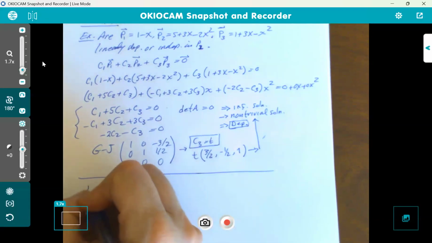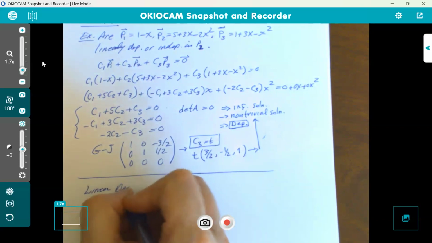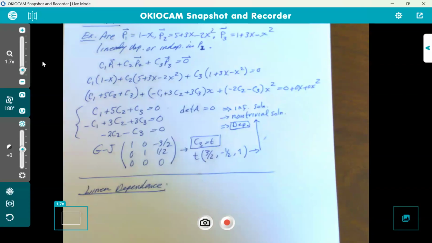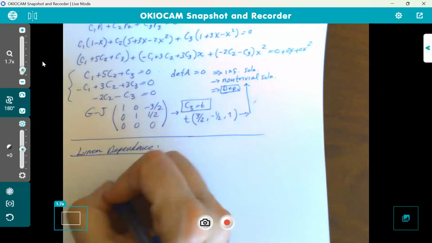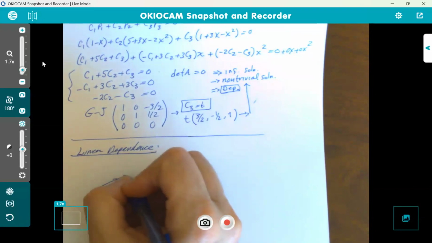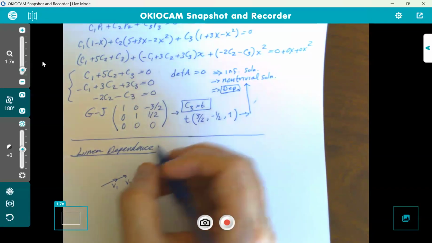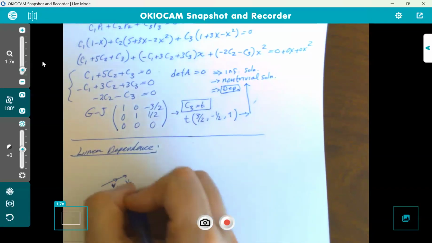So let's talk about linear dependence. Geometrically, what does this thing look like? Well, suppose I have two vectors that are collinear. This is my v1, this is v2. Of course, they are vectors, so you can boldface them.